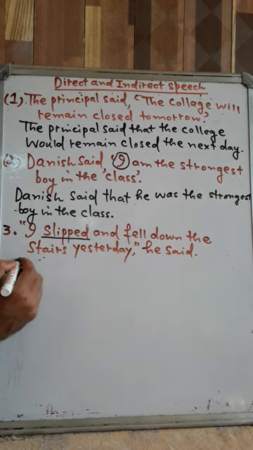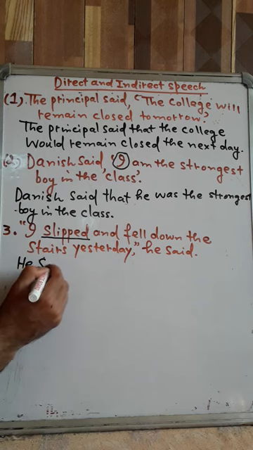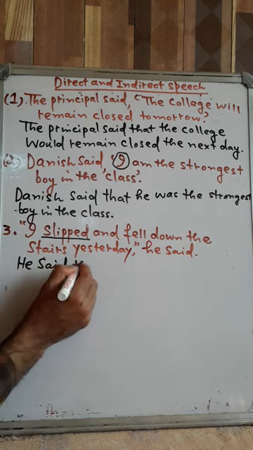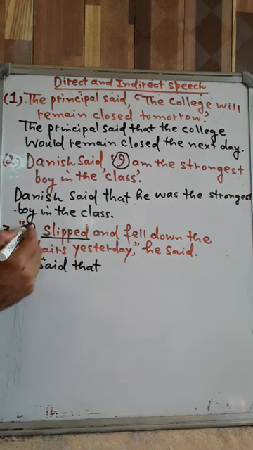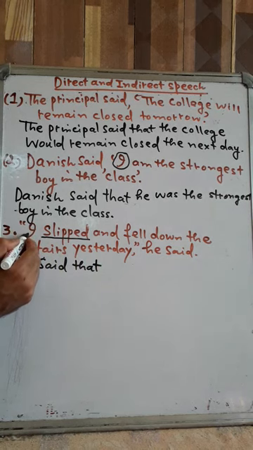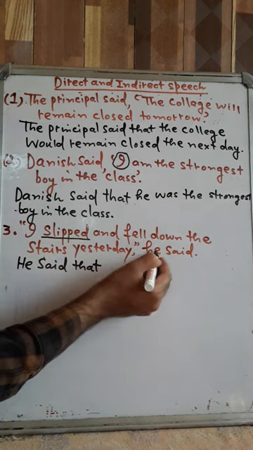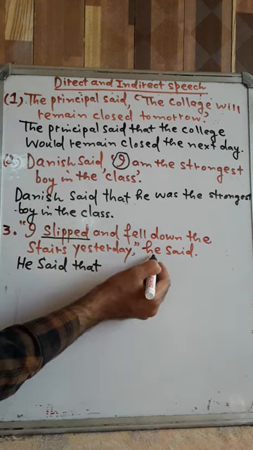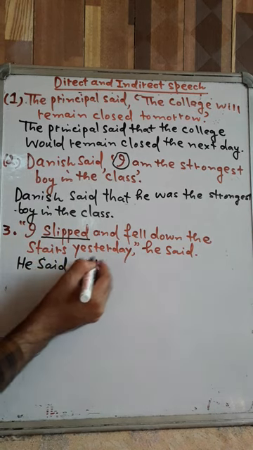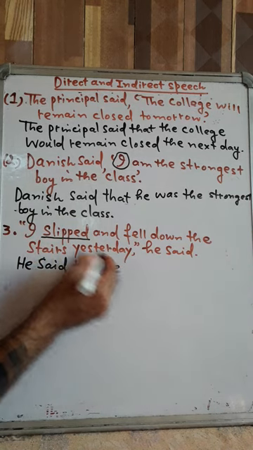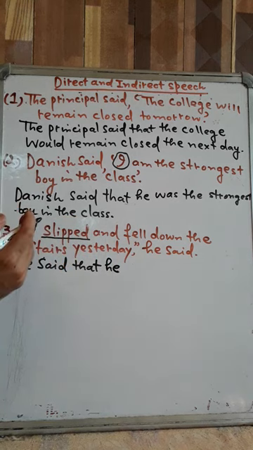He said that. Now here we have first person pronoun, and we change it into the subject of the reporting clause. Here the subject is he, that means third person, and we will change it. He said that he. Now slipped, this is the second form of the verb. Past simple becomes past perfect.